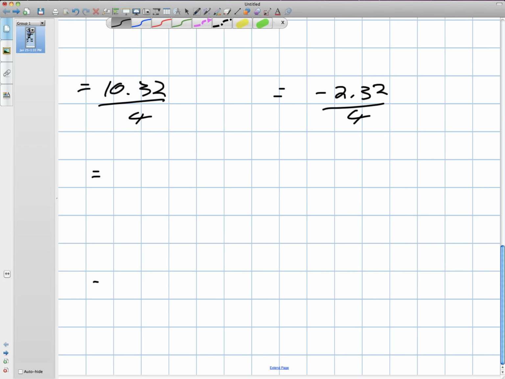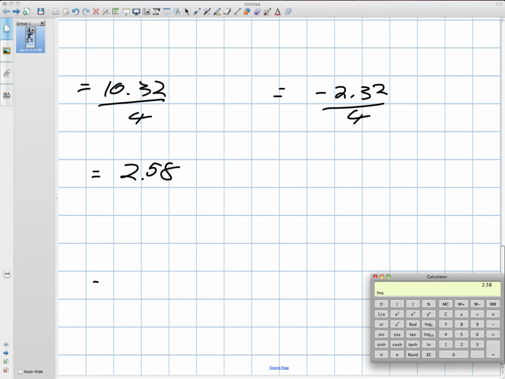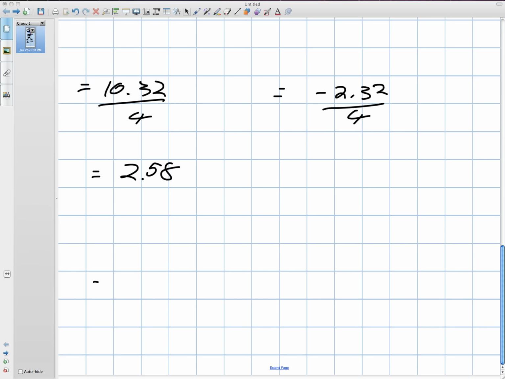10.32 divided by 4 is 2.58. And the other option is negative 2.32 divided by 4, which is negative 0.58.